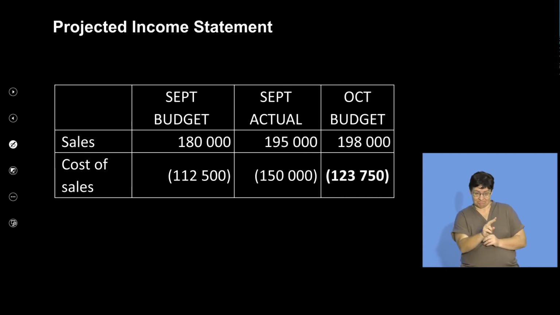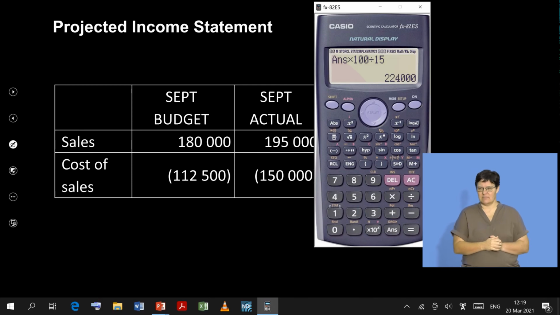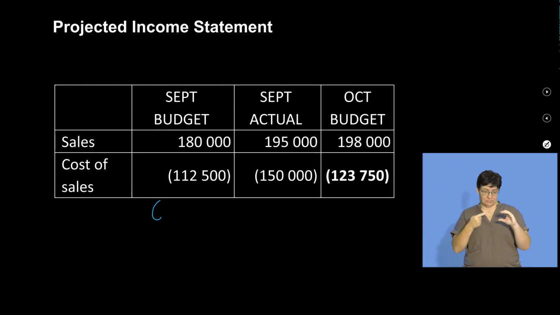Let's look at it here. Let's do this calculation so we can see what we're talking about. If we take the 180,000, which is your selling price, minus your cost of sales of 112,500, this will give you a 67,500 gross profit.